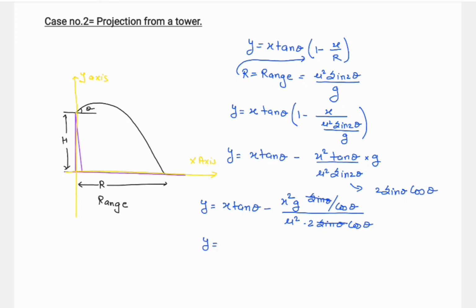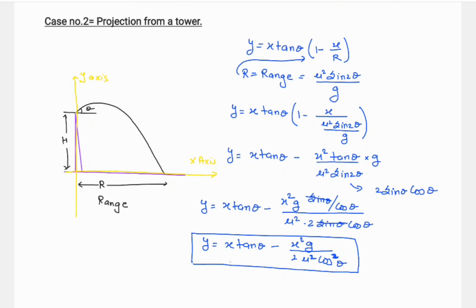So we will get y equals x tan theta minus x square g divided by 2 u square cos square theta. This is the trajectory equation. I just put the value of R in the previous trajectory equation. This trajectory equation is also applicable for the projection from the tower.